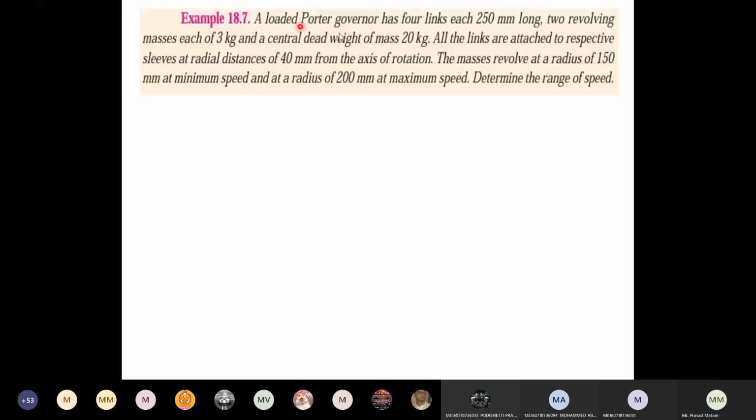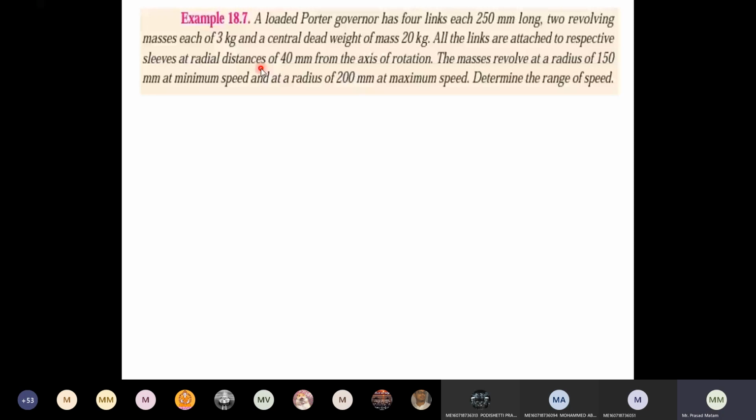You can see a loaded Porter governor has 4 links, each 250 mm long, 2 revolving masses, each of 3 kg, and a central load of 20 kg. All the links are attached to respective sleeves at a radial distance of 40 mm. That means the upper arm and lower arm both are located at a distance of 40 mm away from the central axis. Got it?